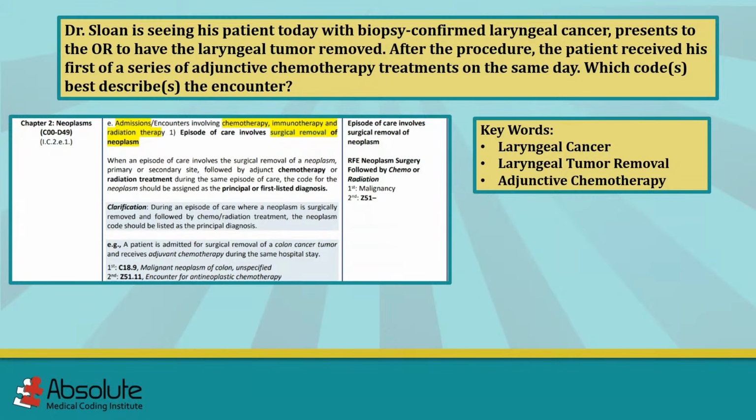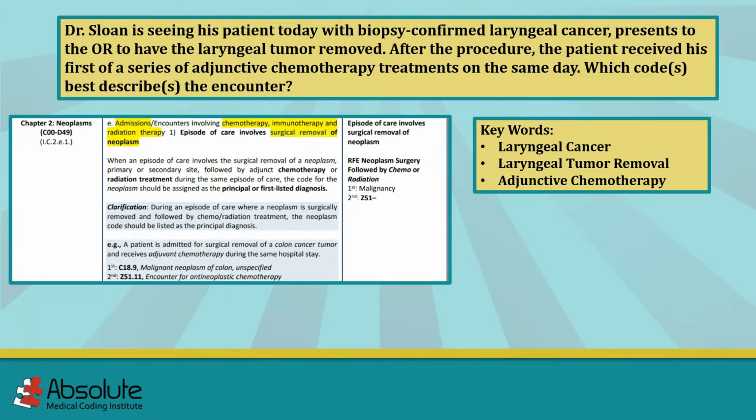This is our encounter involving chemotherapy, immunotherapy, radiation therapy, because he is receiving the first series of his adjunctive chemotherapy treatments right after he got his tumor removed. If you look right here, it says when an episode of care involves surgical removal of a neoplasm followed by adjunct chemotherapy treatment during the same episode of care.